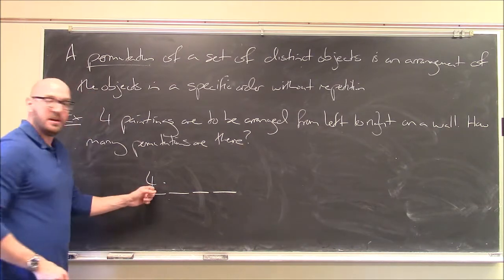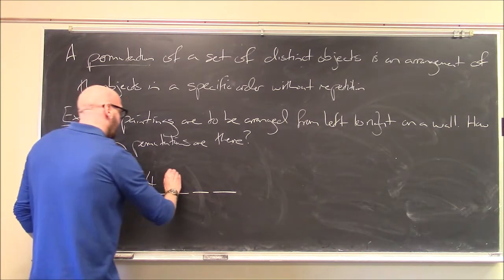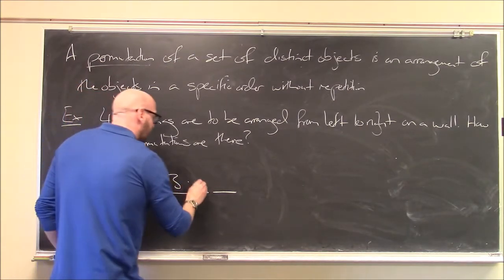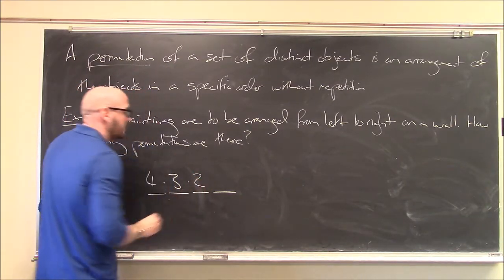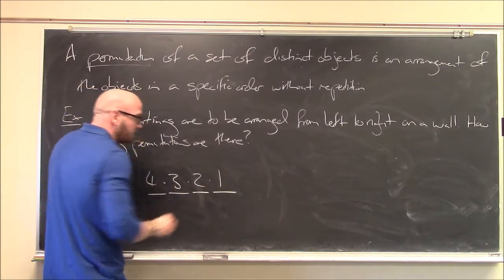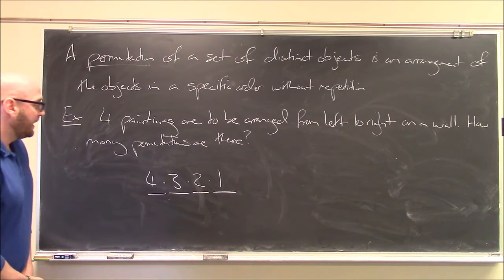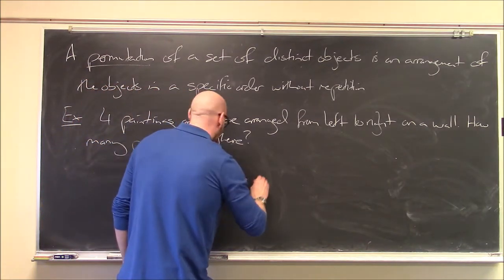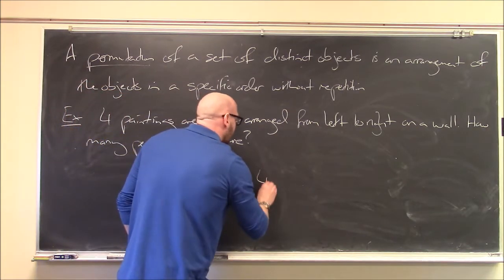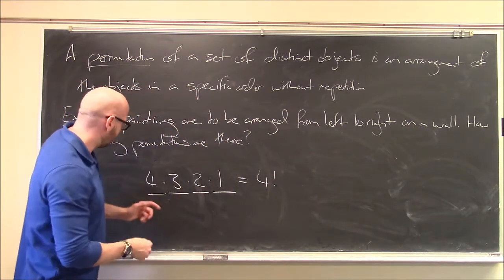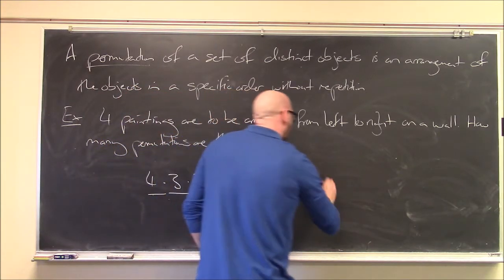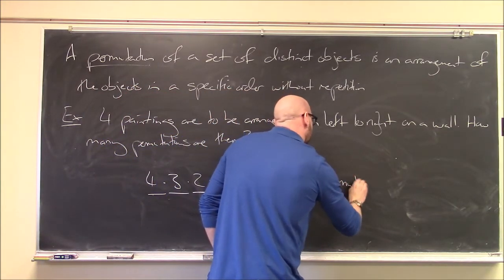For the next spot, I've already hung one, so now I'm down to 3 paintings. For the third spot, I've got 2 choices. And once I've chosen that one, I've just got a single choice of painting for the last spot. So the answer is 4 times 3 times 2 times 1, or 4 factorial, which is 12 times 2 is 24, or 24 different permutations.